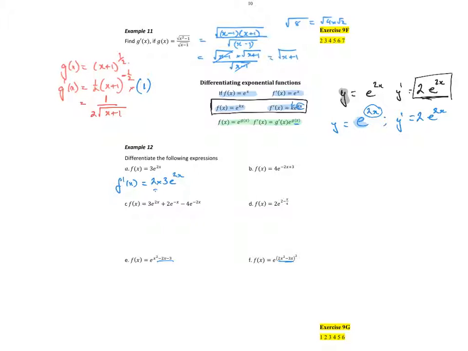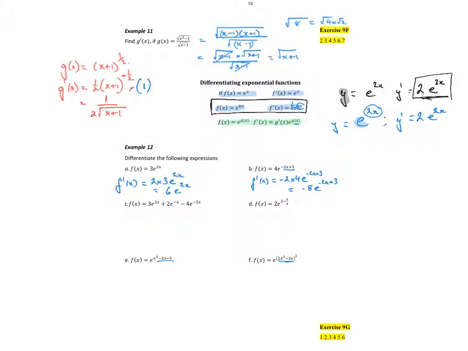So that's just 6e to the 2x. F dash of x is equal to, differentiate the power, or the derivative of negative 2x plus 3 is just negative 2. So it doesn't matter that there was an extra term. Negative 2 comes out the front, times 4e, don't touch the power. So that's negative 8e to the negative 2x plus 3.